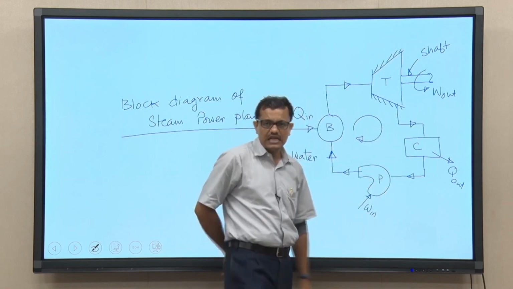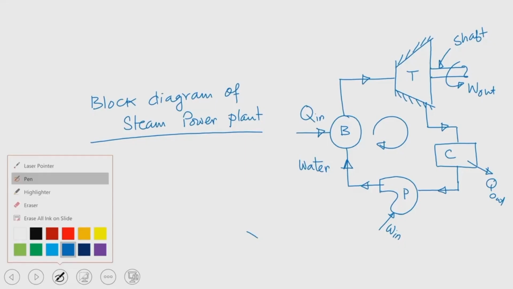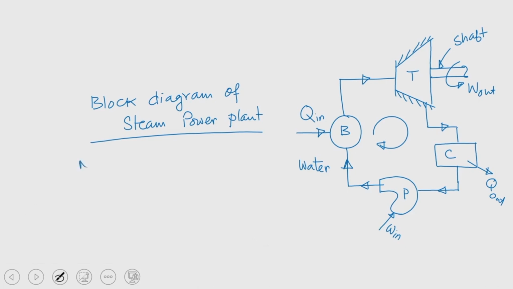So, eventually the net work output will be W out minus W in, right.